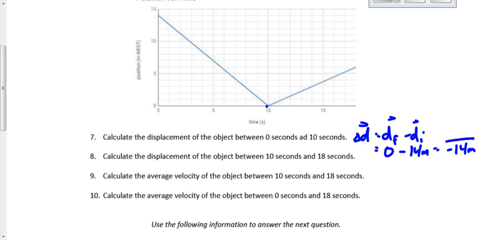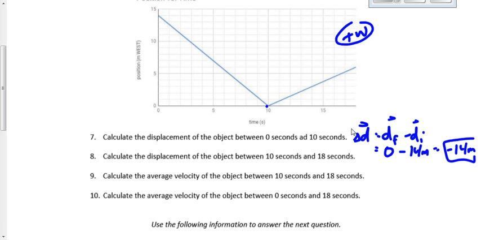By the way, west is positive on my graph. So negative 14 meters, or, wait a second here. I'm going to say negative 14 meters. I think when I gave you the answers, I said negative 14 west. Did I say that? I don't know what I said.